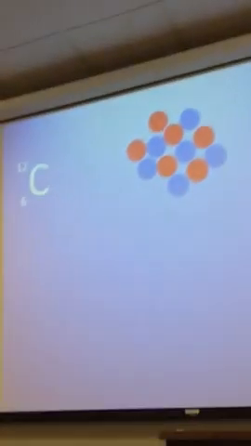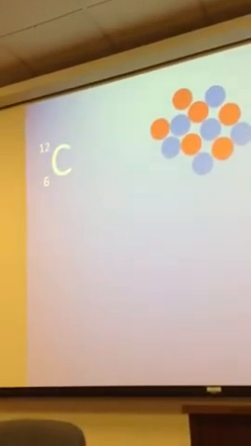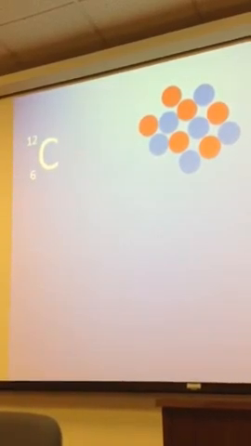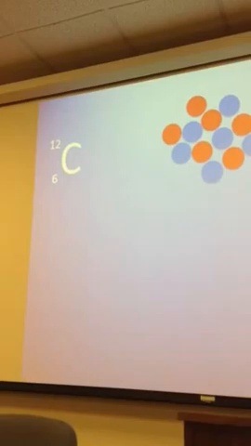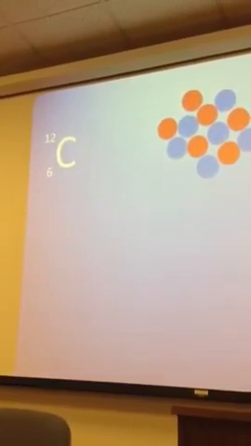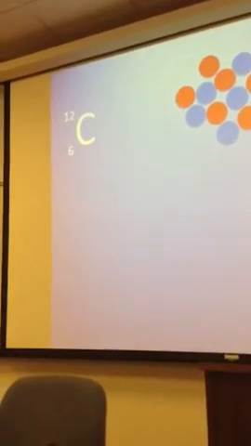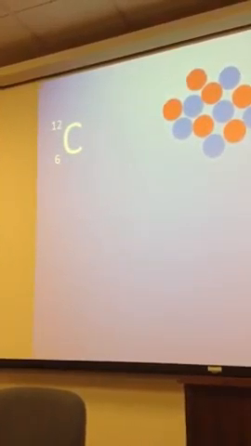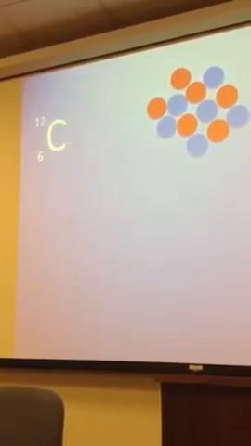So now we are seeing that we have a carbon atom that's depicted by neutrons and protons, and we can see the number of protons being 6, shown at the bottom, and the total mass of protons and neutrons as 12.